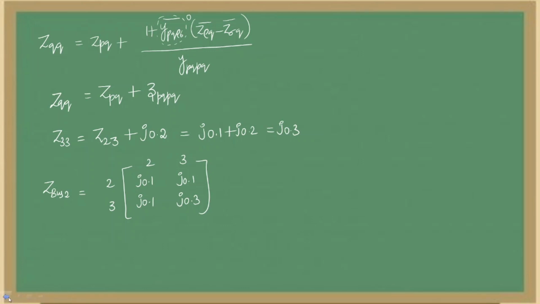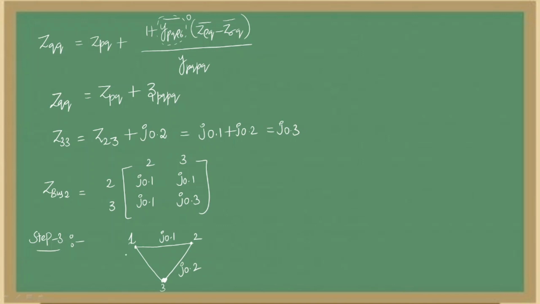Let me go to the third step. In the third step, we are adding one more element between first node and third node. So what is the previous partial network, meaning the partial network of the previous step? 1, 2, J 0.1, 2, 3, J 0.2, and we are adding this element now.